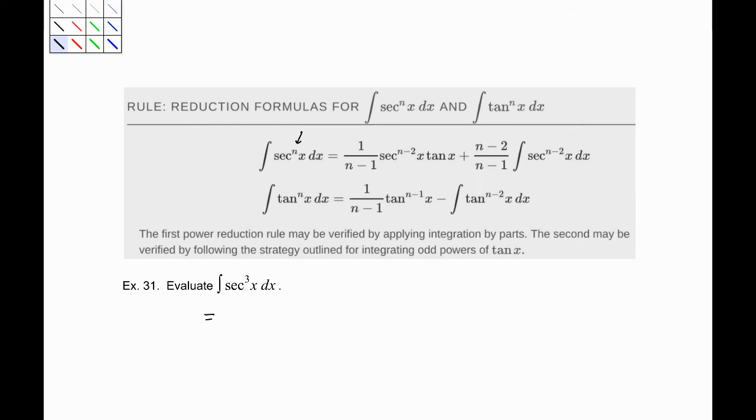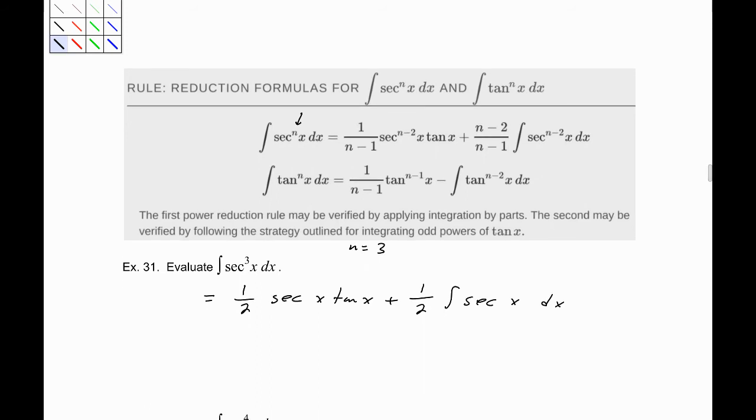Well, n equals 3 for us, because we have it to the third power. So this is going to be equal to 1 over n minus 1, which would be 2, secant, and then we'll subtract 2 from that, so that is secant to the first times tangent, plus n minus 2, that would be 1, because our n is 3, over n minus 1, so that is 2, so 1/2, integral of secant, we'll take that down 2, so that's just secant x dx.